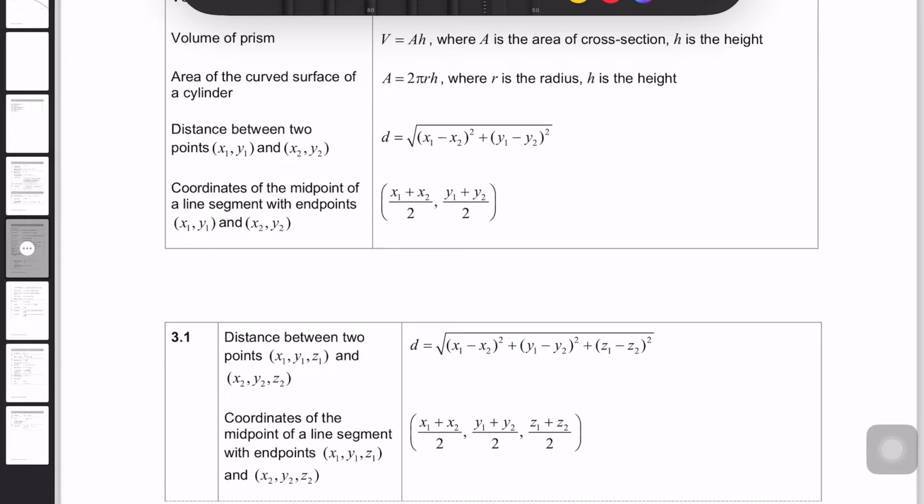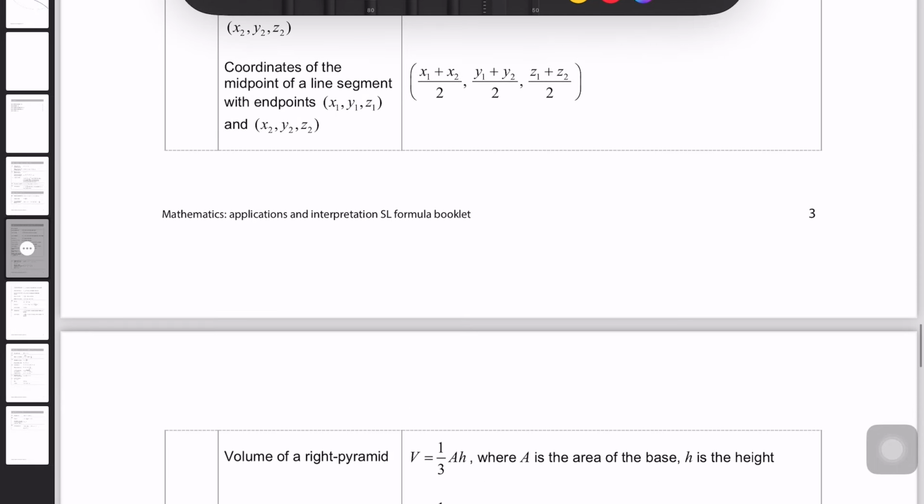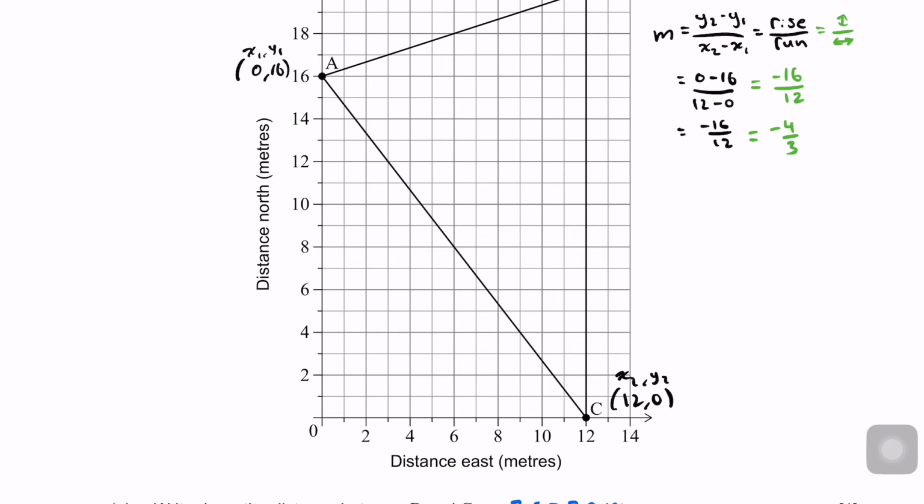So average of the x's, and then average of the y's. So x1 plus x2 over 2, and y1 plus y2 over 2. Okay, so let's go ahead and write that out.